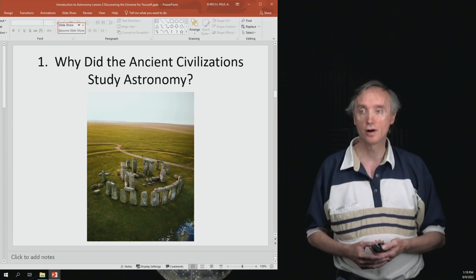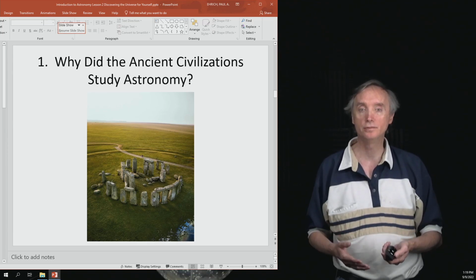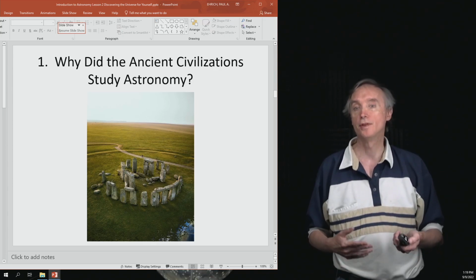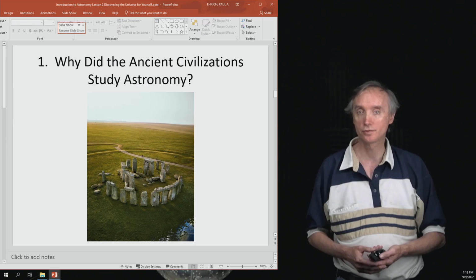When a certain rock was lit up, that would mean it's time to plant your wheat or plant your barley. And when another rock got lit up, that means it would be time to harvest those. So that would be the primary purpose for studying astronomy.